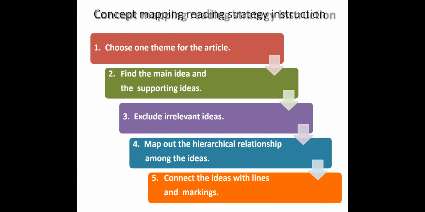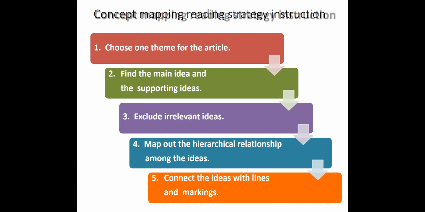Next, let's come to the reading strategy instruction, along with the teaching procedures for concept mapping reading strategies. First of all, the teacher has to choose one theme for the articles.